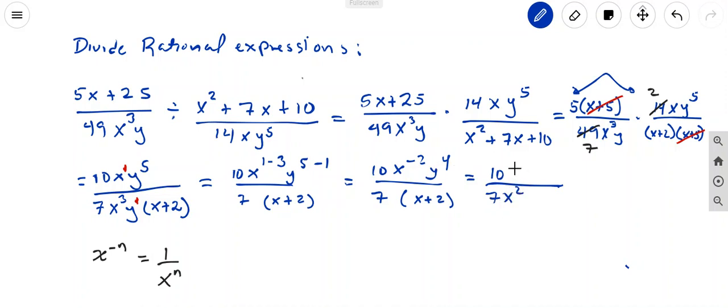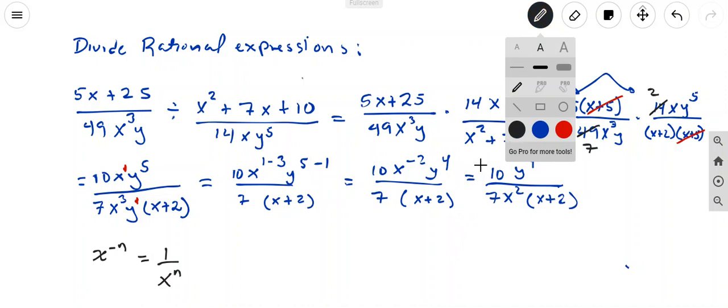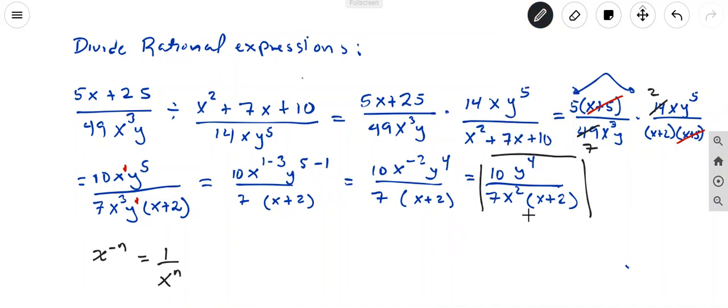The y to the fourth stays on top, and the x plus 2 stays in the bottom. And this will be the result of my division: 10y to the 4 divided by 7x squared times x plus 2. So that's what I get when I divide the given expressions.